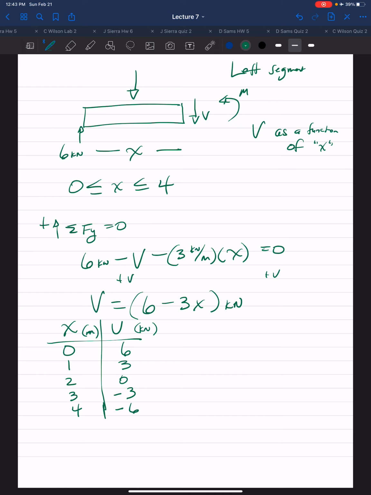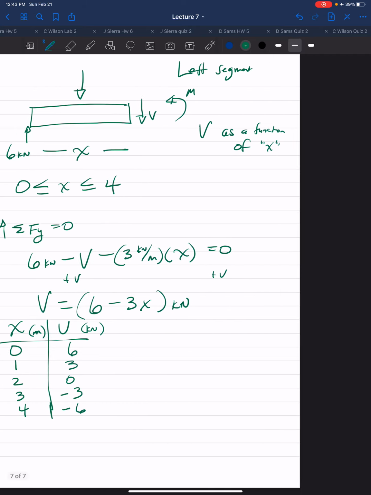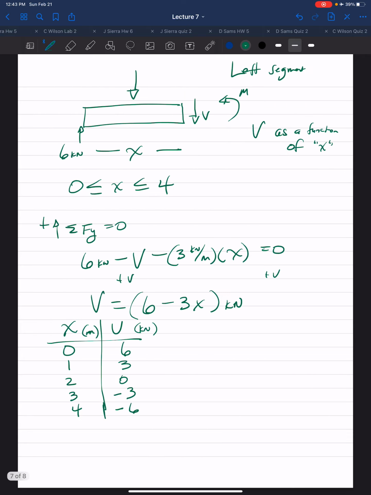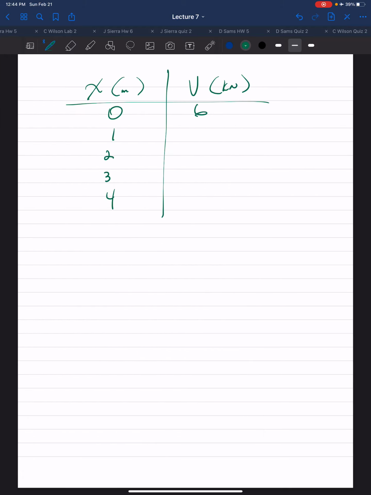So as you can see here, if we were to plot this, let's go to a clean page. And we went from 6, 3, 0, minus 3, minus 6.